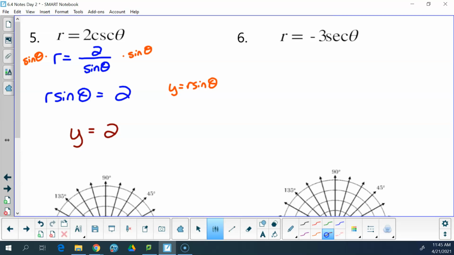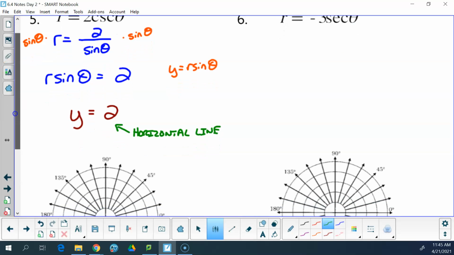It's horizontal because it's y equals, right? So this would be a horizontal line, 2 up from the origin.